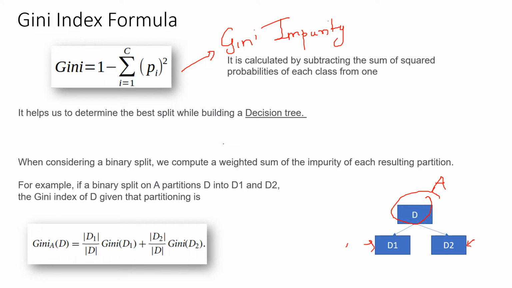In order to compute the Gini split index, we have to compute the Gini impurity for D1 and the impurity for D2 and multiply each by its weight. The weight is the probability or relative frequency, which is D1 divided by D, multiplied by the Gini index for D1, plus D2 divided by D, the relative frequency, multiplied by the Gini index of D2. Then we add this up. This will give you the total Gini index.